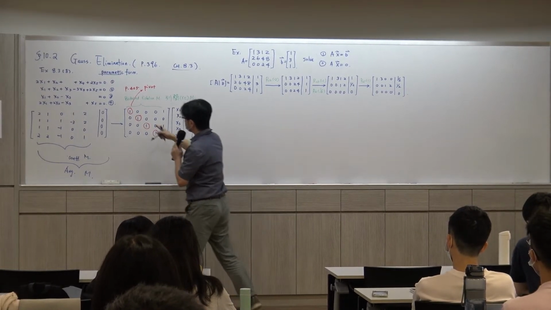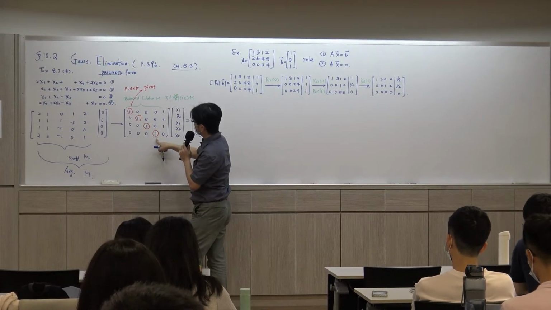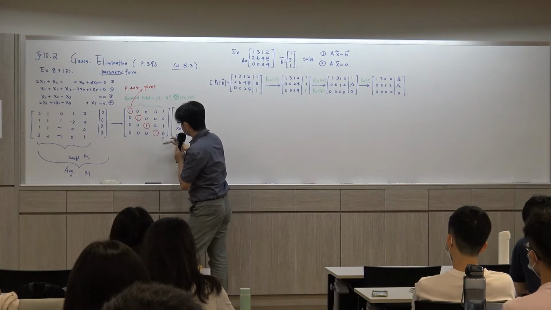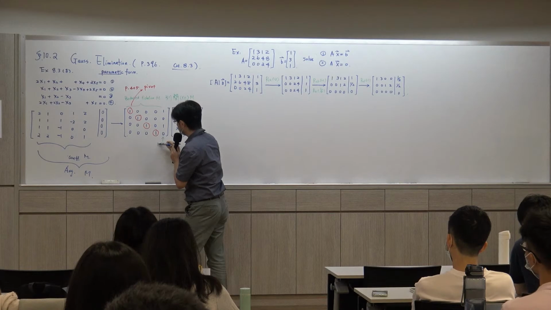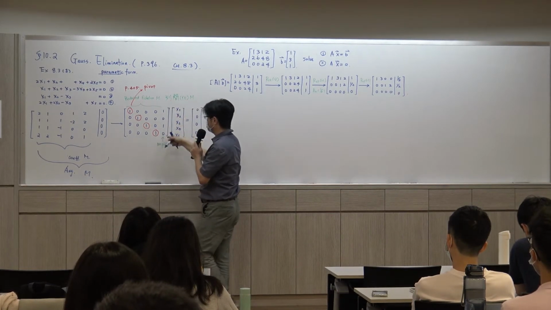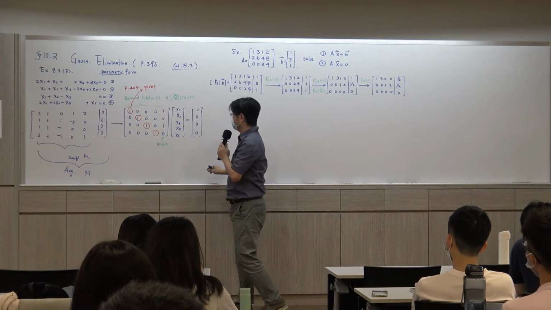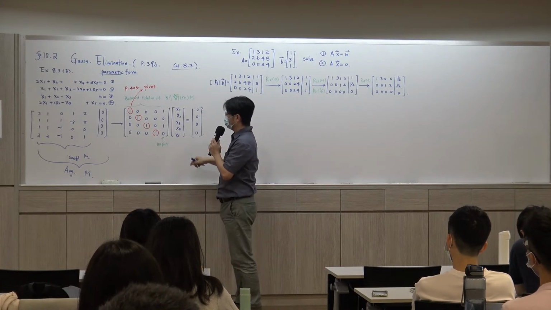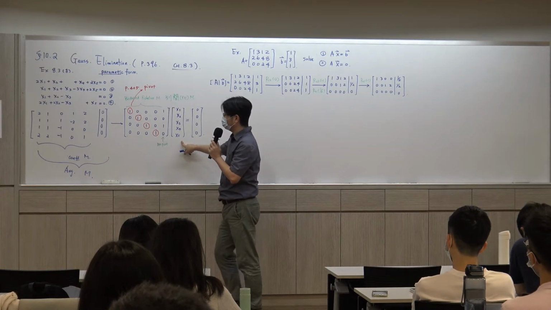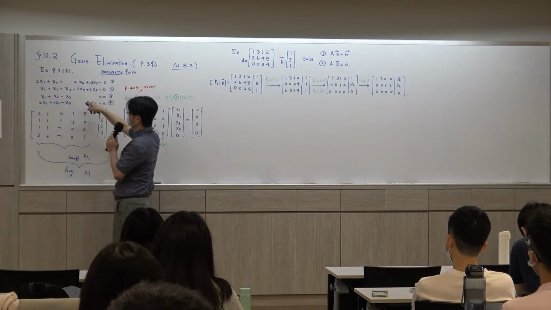So there are 4 pivots. The only column here is a non-pivot column, right? So here we would like to describe the 4 equations.